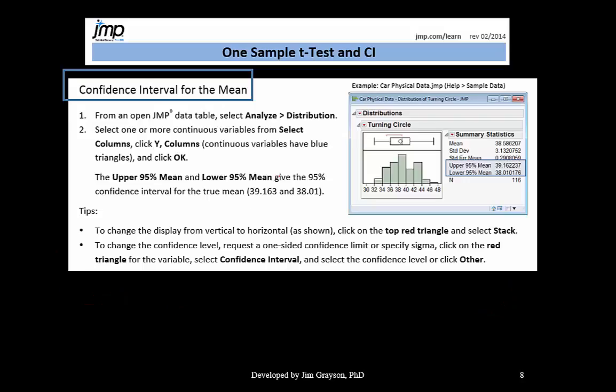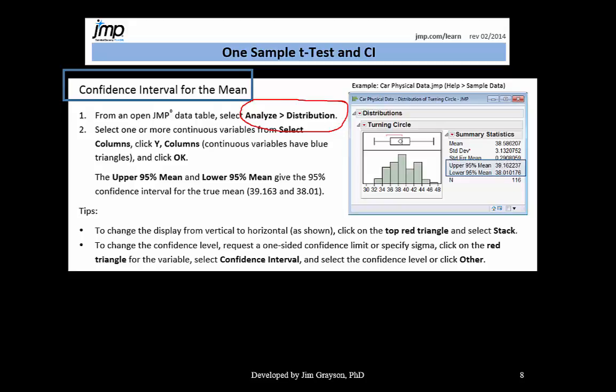So how do we find a confidence interval for the mean in JMP? Well, we talked at one point about this platform called analyze distribution. Well, in analyze distribution, for this continuous data, we get both a histogram and summary statistics.